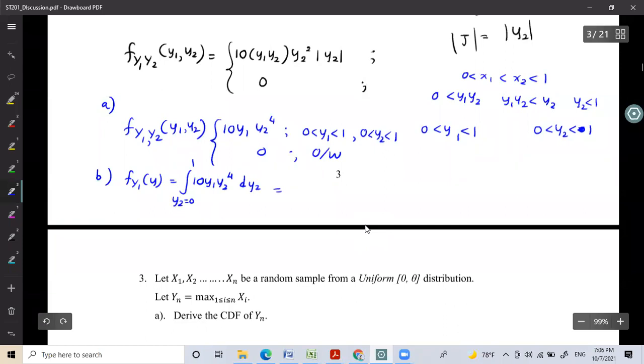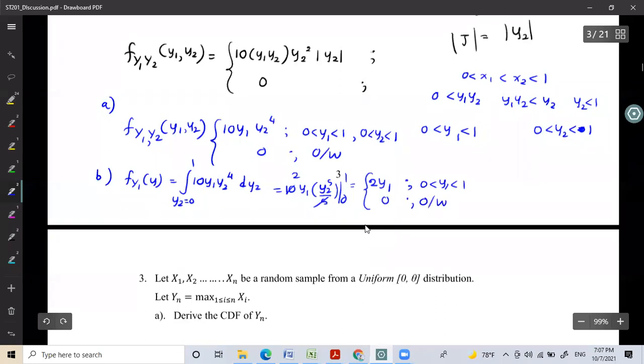You are integrating with respect to y2, so y1 is like a constant and you can take that out. The antiderivative of y2 to the power 4 will be y2 to the power 5 over 5. We'll do it from 0 to 1, this will cancel out, and you'll end up with 2 y1. So the marginal density of y1 will be 2 times y1.